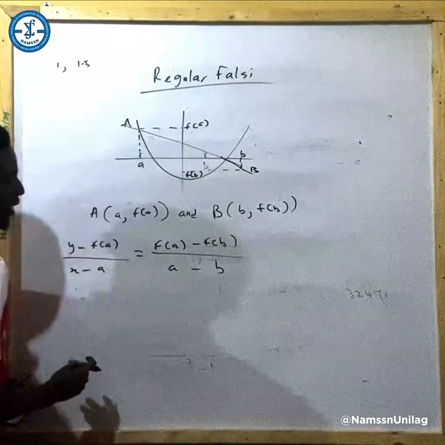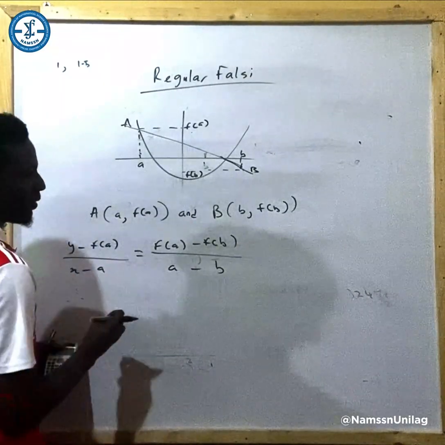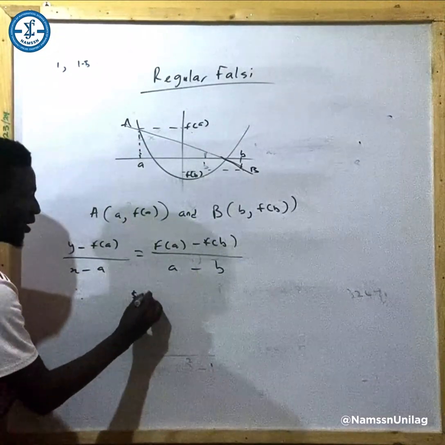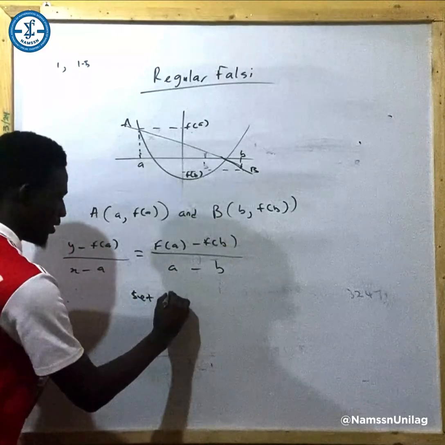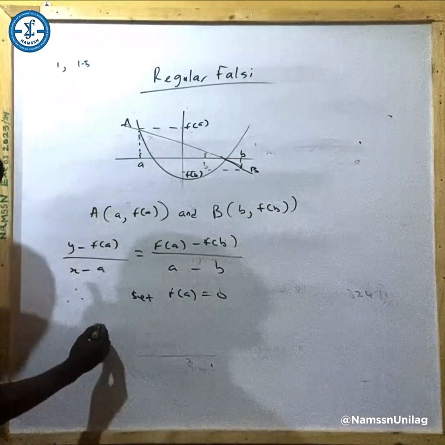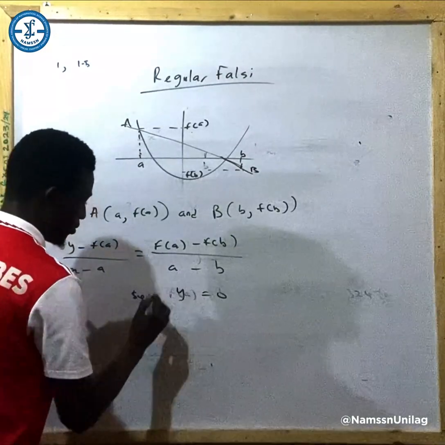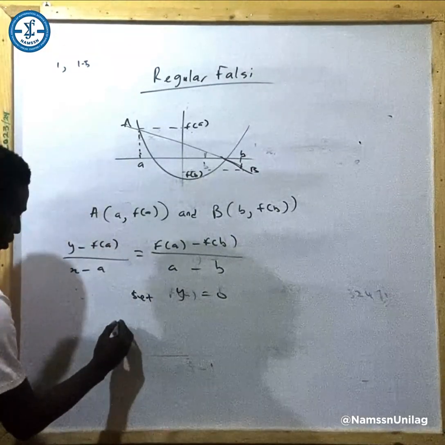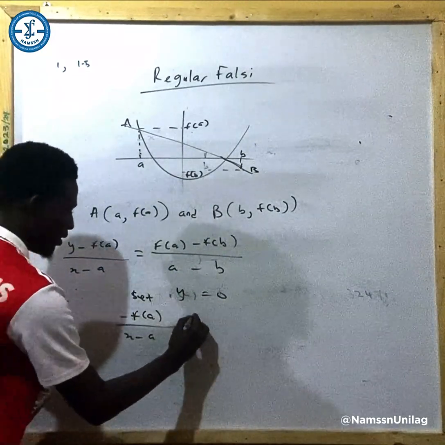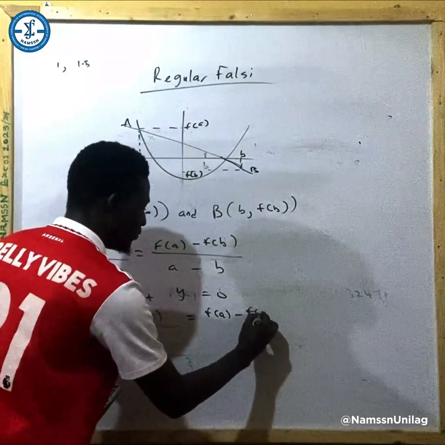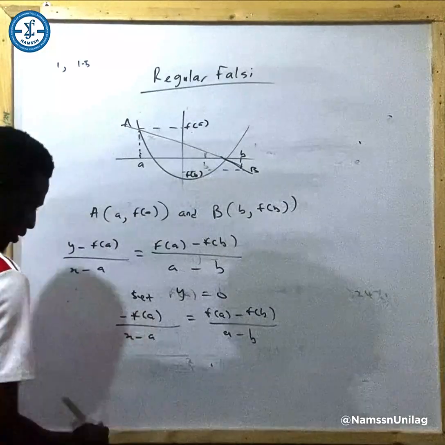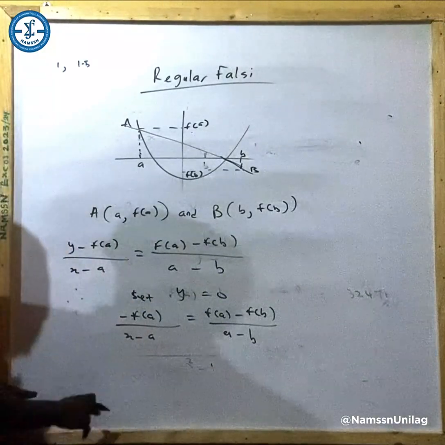Now, to get the value for x, we have to set y to be equal to 0. So once you set y to be equal to 0, you'd have minus f of A over x minus A equals f of A minus f of B over A minus B. Now, you just work this out and make x subject of the formula.